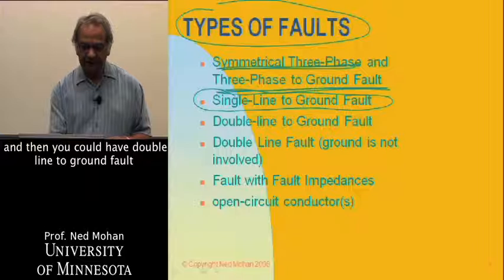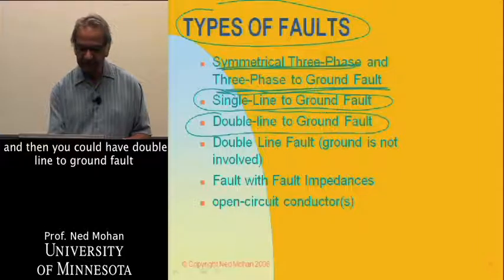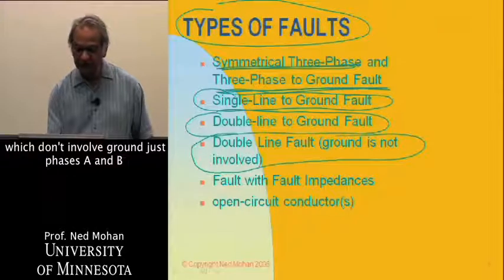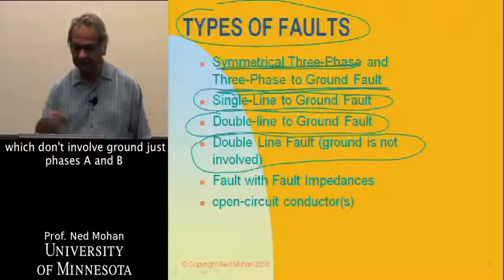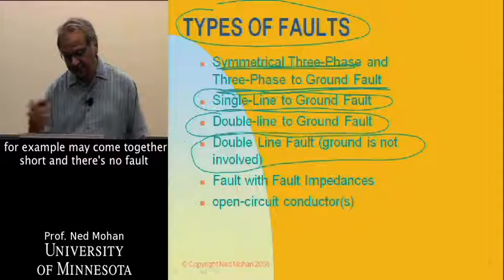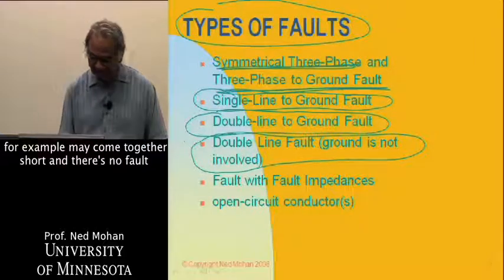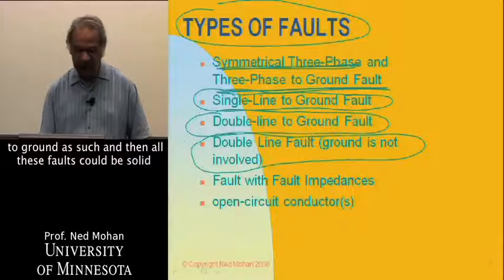And then you could have a double line to ground fault, and a double line fault which doesn't involve ground. Just phases A and B, for example, may come together short, and there's no fault to ground as such.